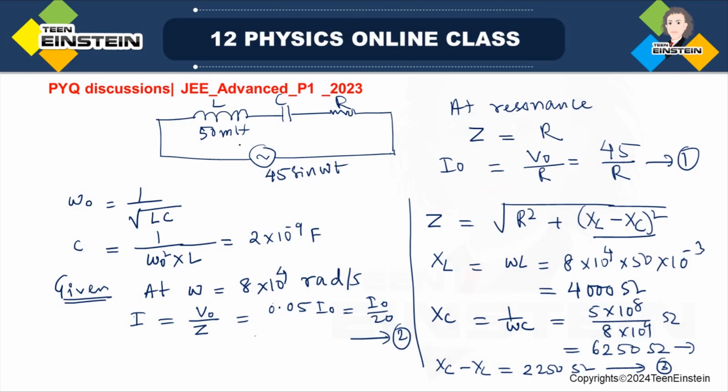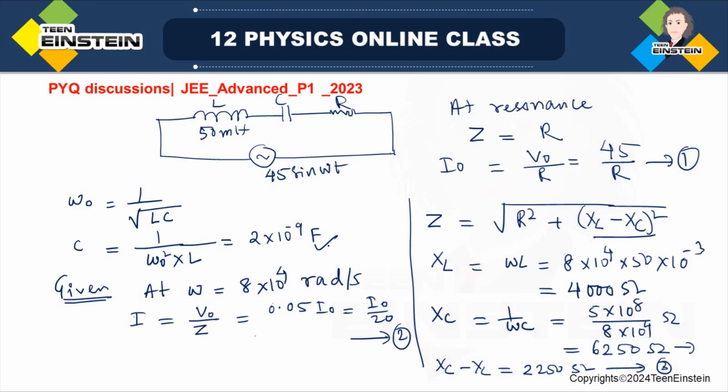Here instead you have been given L and you have been given resonance frequency. From here you can find out C. We know omega naught, the resonance frequency, is equal to 1 over square root of LC. So from here I can calculate the capacitance of the circuit since I know this omega 0 and L. If you calculate it, you will find this value to be 2 nanofarad.